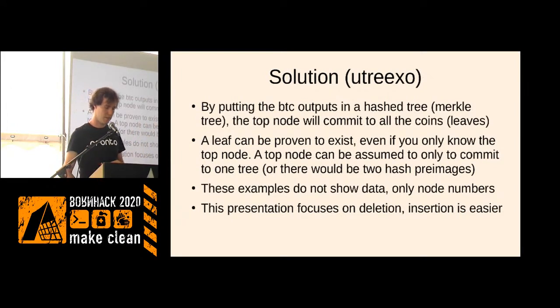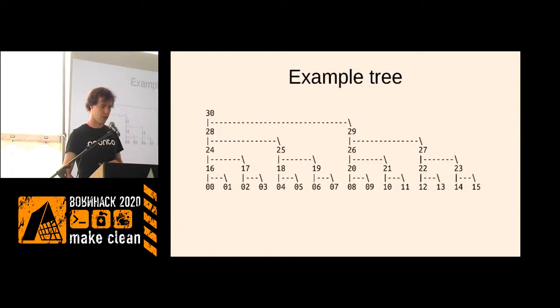So here's our example tree. As you can see, it's perfect, right? All the nodes from 0 to 15 are the leaves, so they would be outputs, and then 30, the top, would be the commitment to all of those nodes.